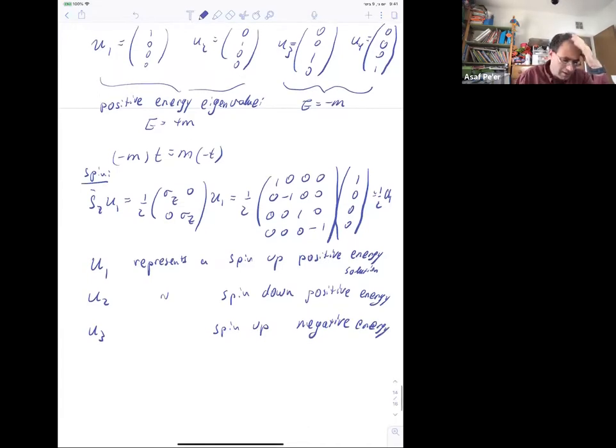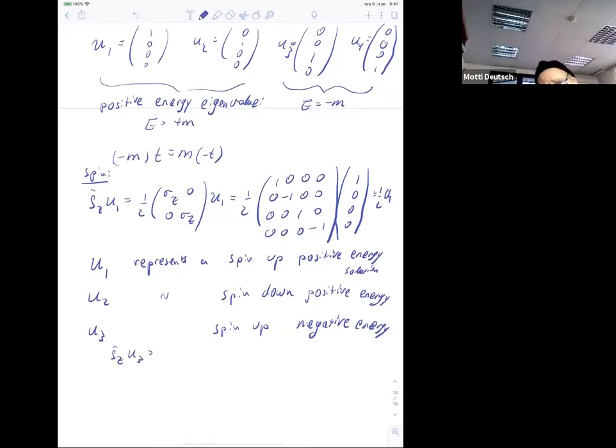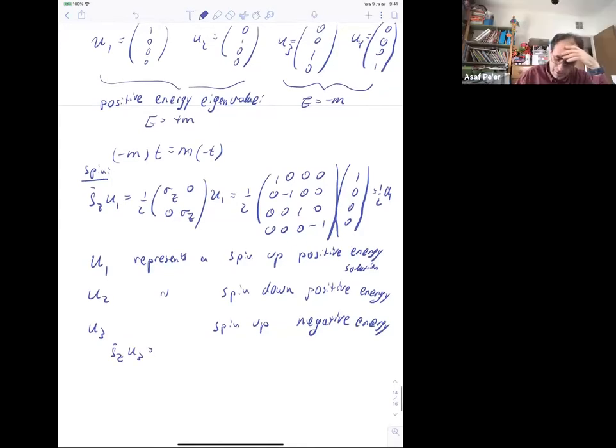Because SZ U3, you can clearly see from the matrices, will just be 1/2 U3. And SZ U4 would be minus 1/2 U4. So U4 would be a spin down negative energy.